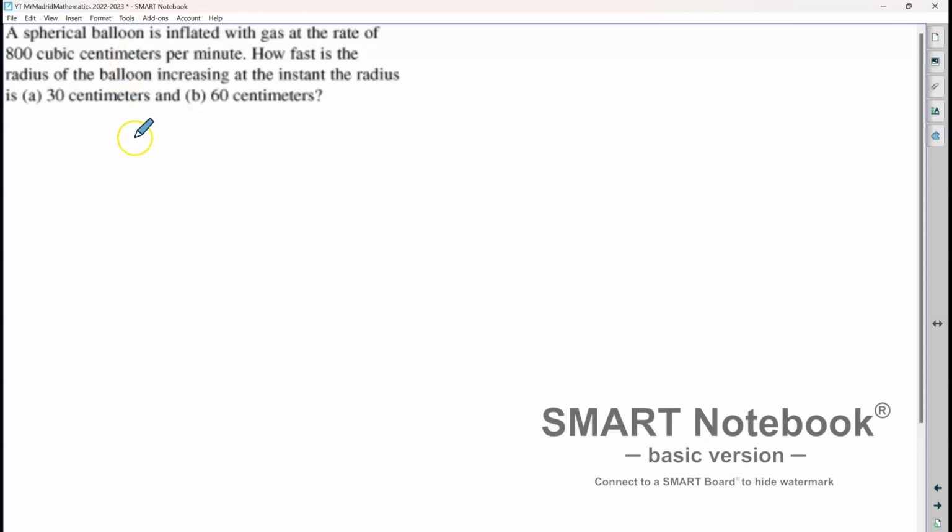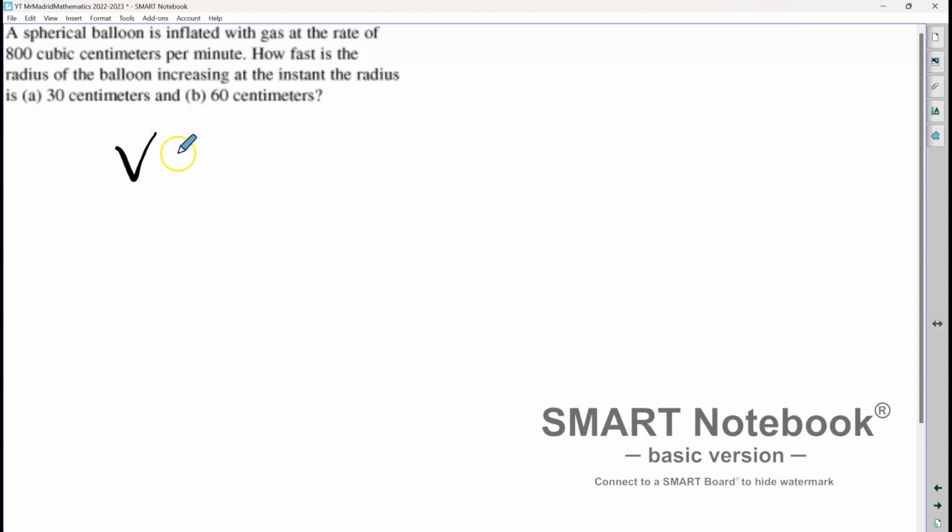If you're looking at a problem like this, what you want to do is extract what's explicitly provided and implicitly suggested, okay? So if you're reading this and thinking inflation, volume might come to mind. It depends on where you're at with these concepts, but once I get to cubic centimeters, we've got three dimensions, so I'm pretty confident we're dealing with volume, okay?